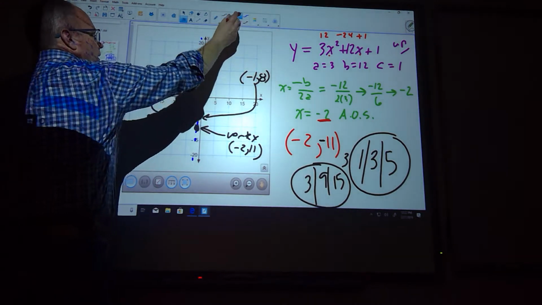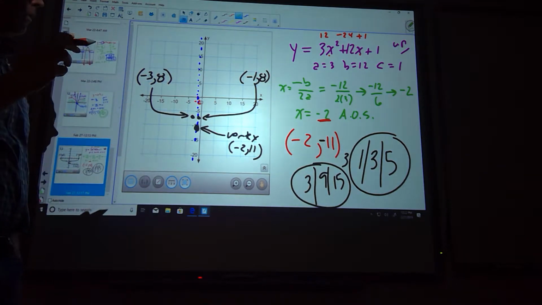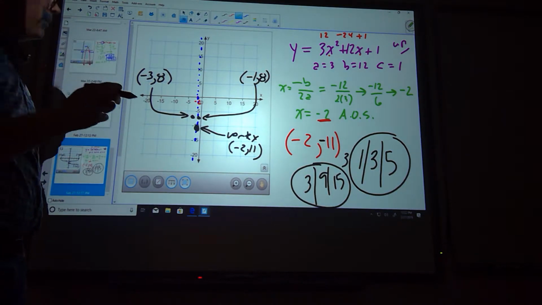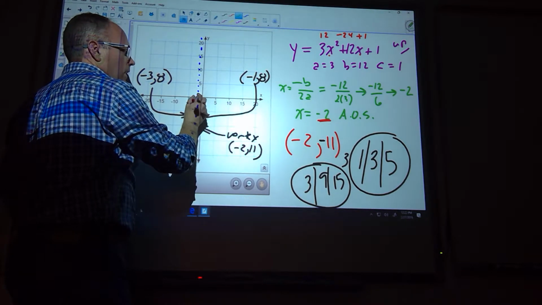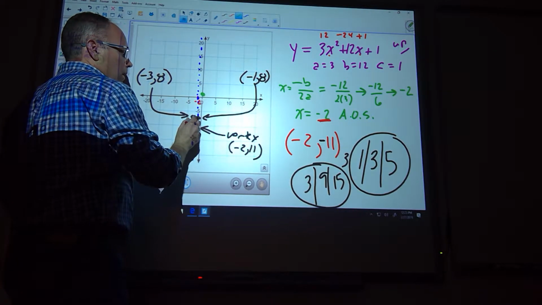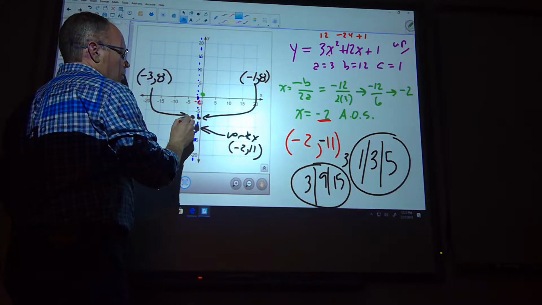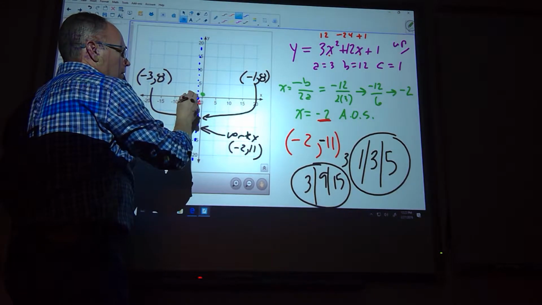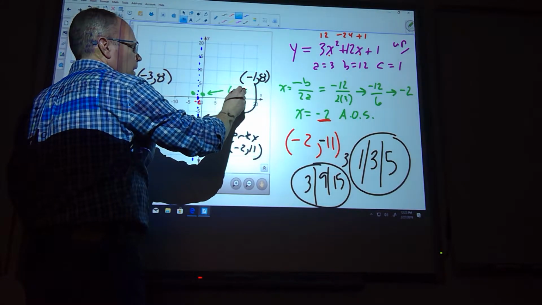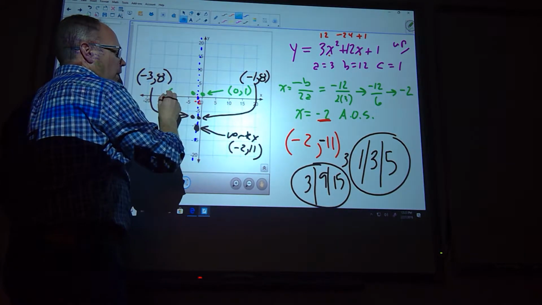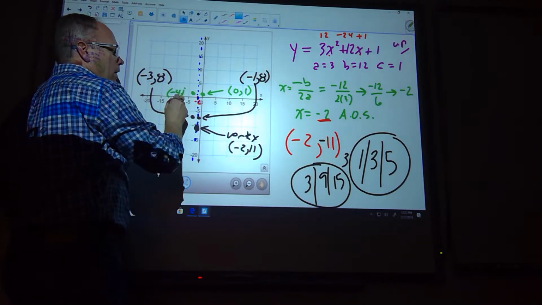And then from those points, I'm going to go right 1 up 9. That takes me to this +1, and that goes to -4. So this point right here is the point 0, 1, and this is the point -4, 1.